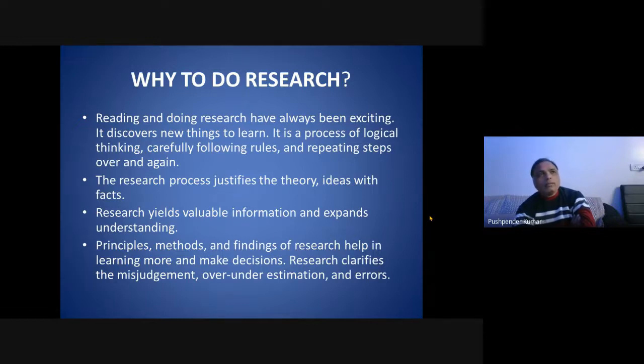And a very important thing is that whenever you are judging or understanding a particular phenomenon, the chances of errors could be high. So let me see how many of you feel the way we have been discussing today on why to do research. So, what is the ultimate motto of doing research?